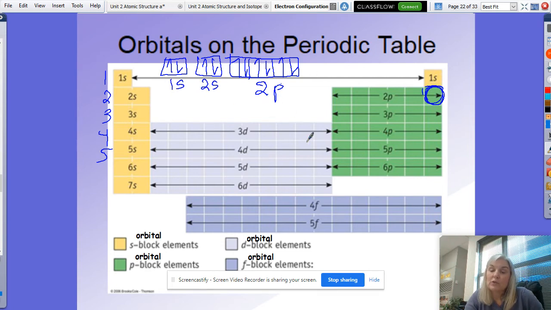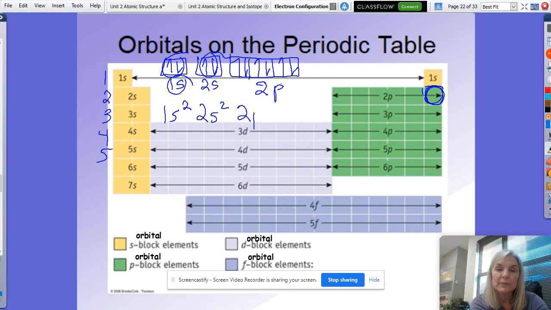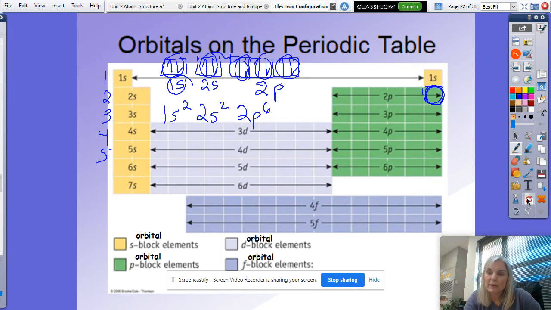Now, if I were to draw the electron configuration, I got to write this, 1s. I've got 2 arrows, so that's going to be a 2. And then I'm going to put 2s, and I have 2. And now I'm going to put 2p, and I'm going to put 6, because I have 2, 4, 6. So let me go back.